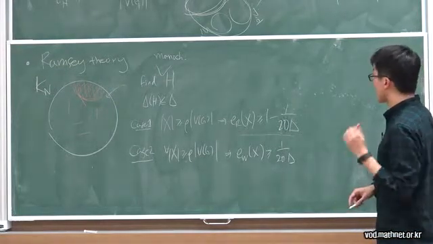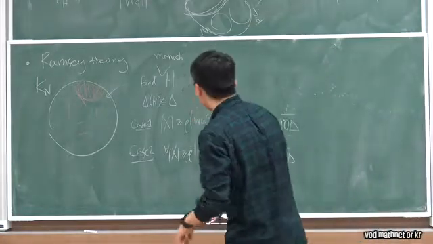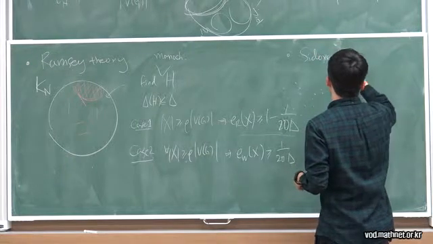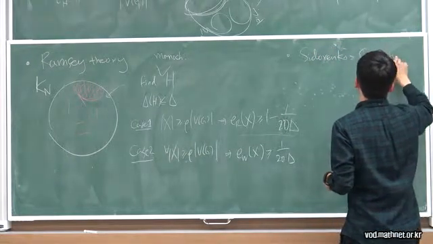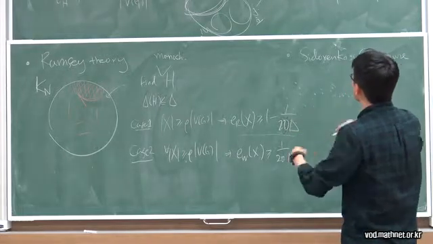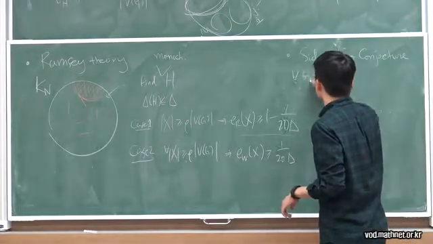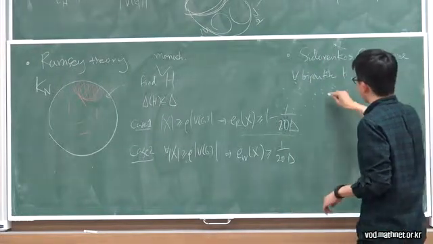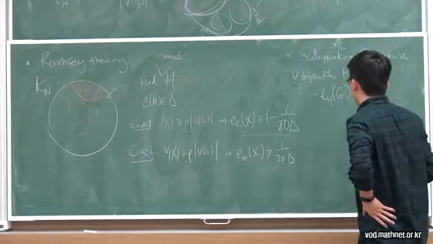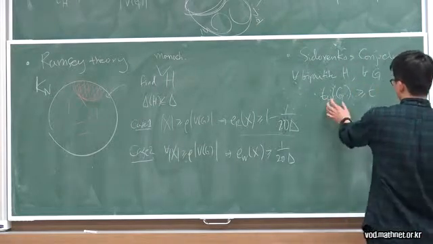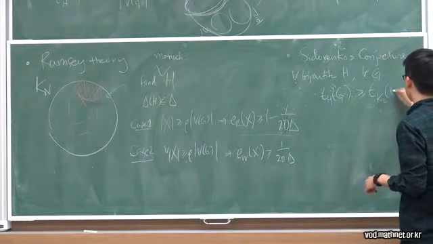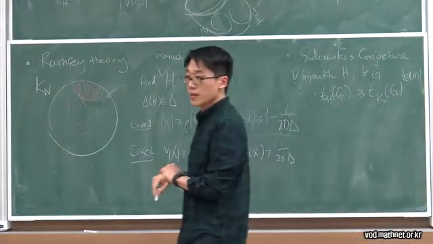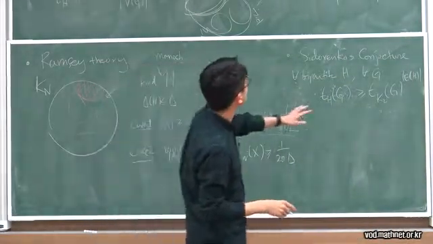And another motivation behind this question is a conjecture of Sidorenko, which states that for any bipartite graph H and for any graph G, the number of H in G is essentially minimized by the random graph G(n,p). So can you spot the similarity over here?